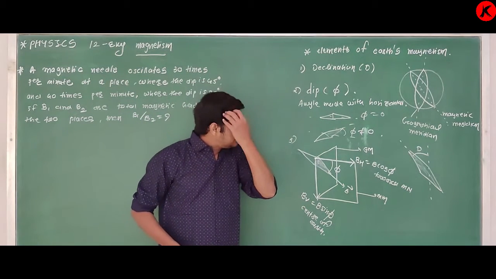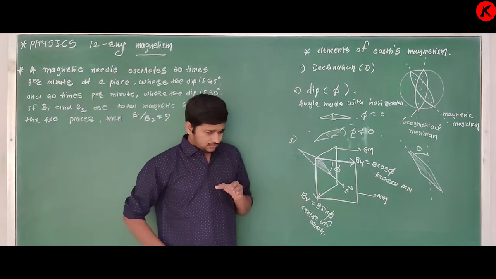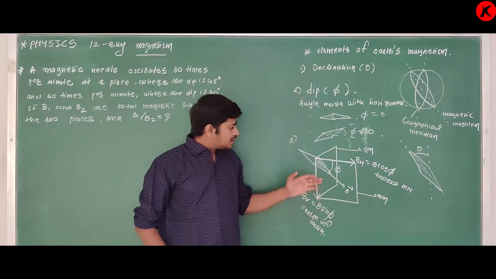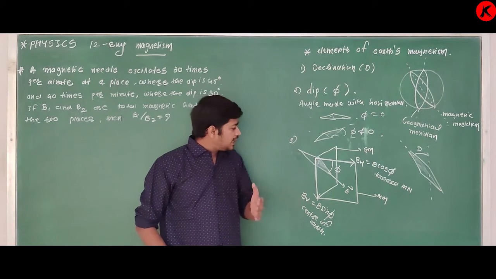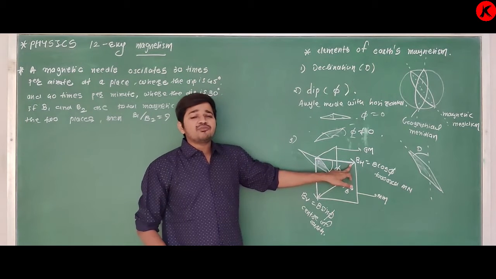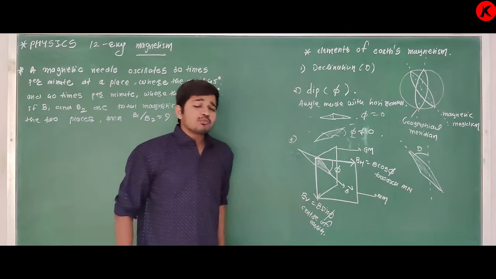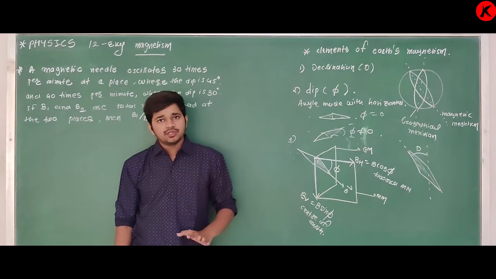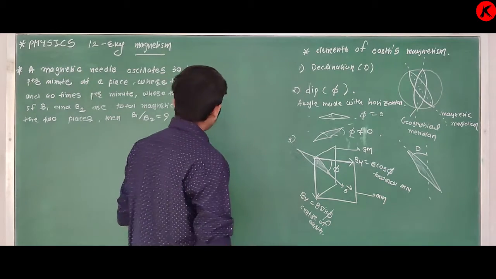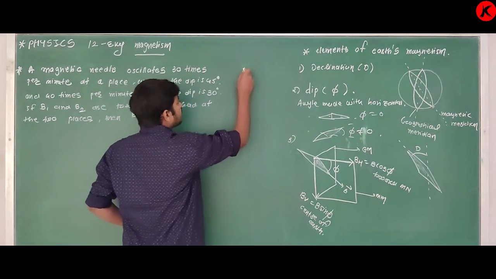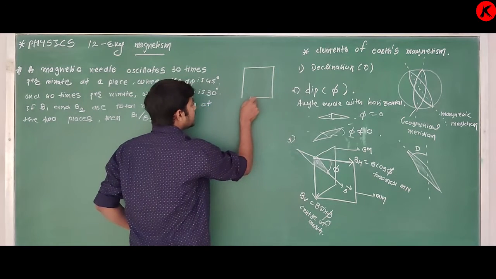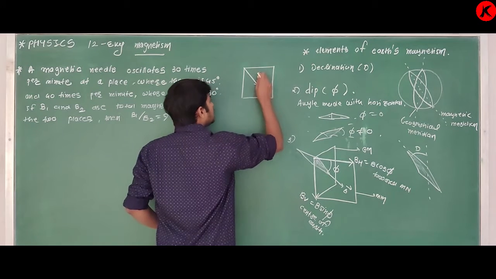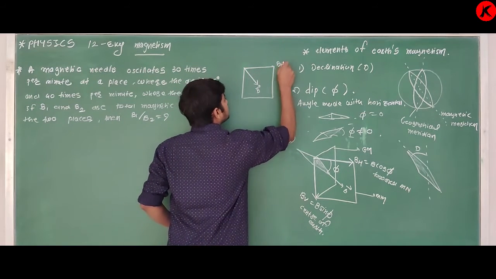Now what happens? If you change to any other plane, then in that plane only the horizontal component of the magnetic field changes. The vertical component of magnetic field remains the same, that is BV. For example, this is the magnetic meridian. The needle is aligned in this direction, so this is BH.